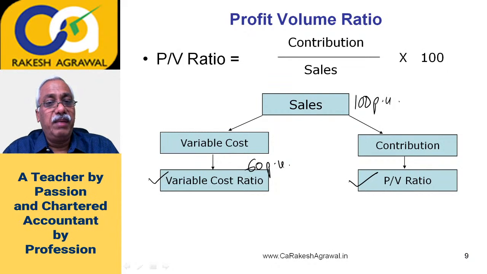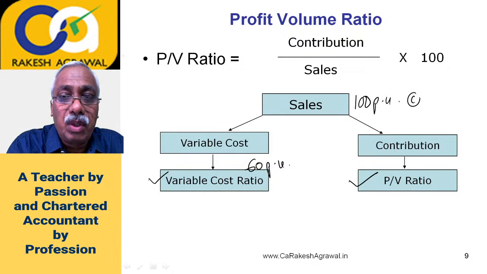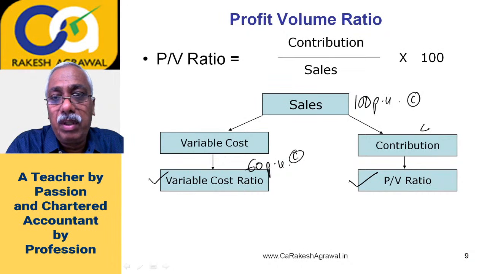Similarly, there is one more assumption in marginal costing, that selling price per unit also remains constant, unless you change it. If they change it in the question, then it's different. But the silent or default assumption of marginal costing is that sales price per unit remains constant. So this is constant and this is constant. So your contribution per unit will also remain constant, 40 per unit.